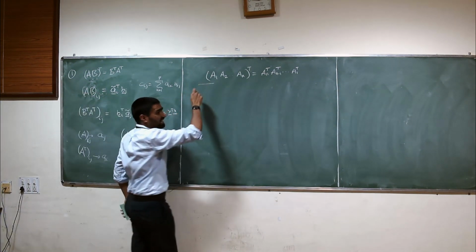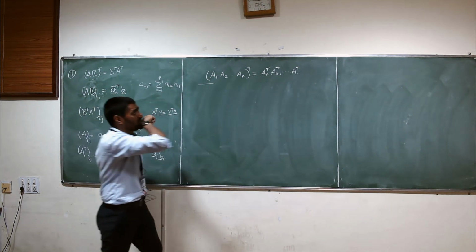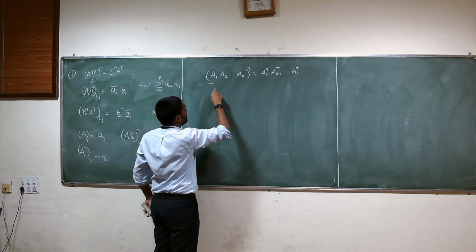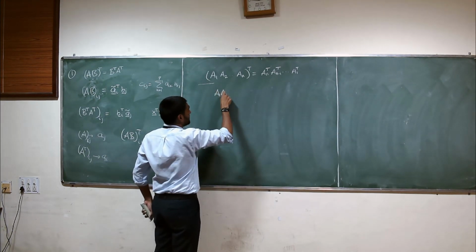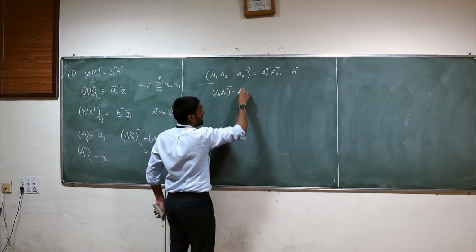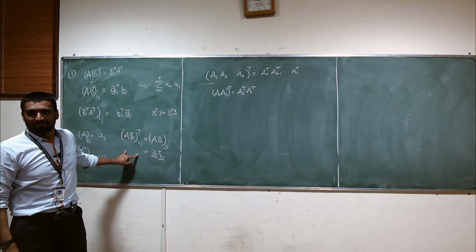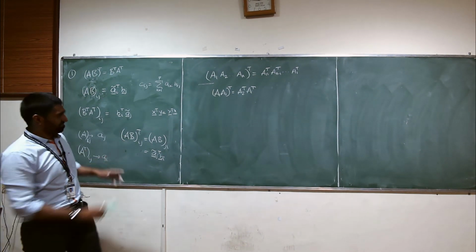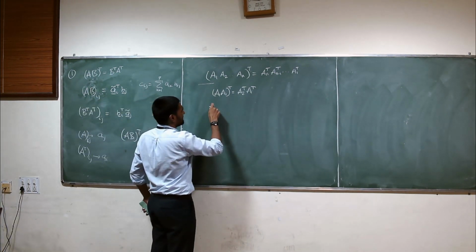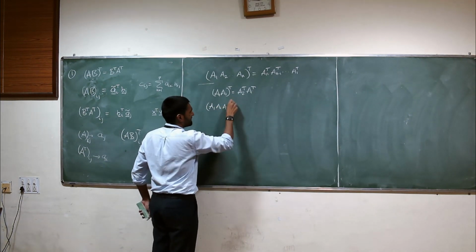To show this, we'll again use some of the properties of matrix multiplication. We know (A1 A2) transpose is A2 transpose A1 transpose. That's what we've shown here. Now your question is, what about (A1 A2 A3) transpose?